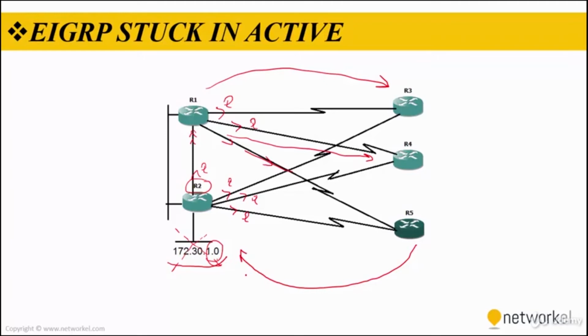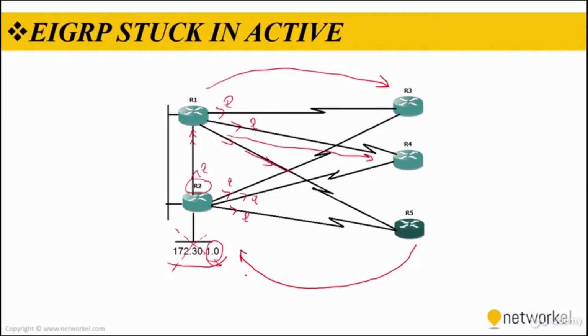Then router 2 should wait by default 3 minutes and hear back the answers of all the other query messages before making a decision, even if router 5 says, hey man, I have a backup route for the down network.